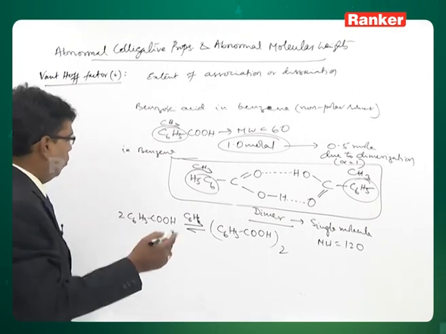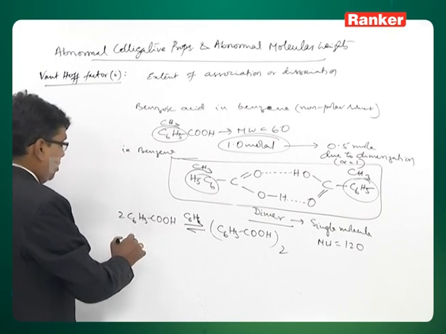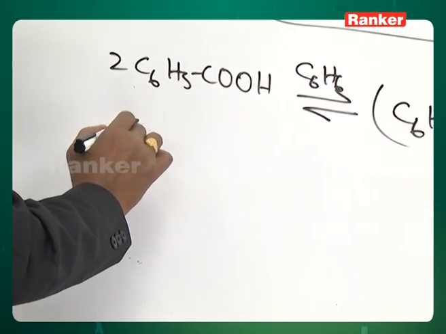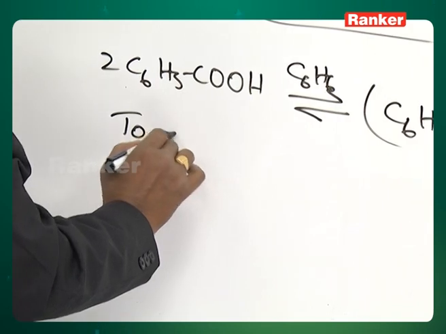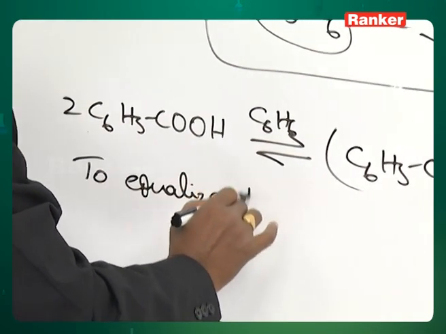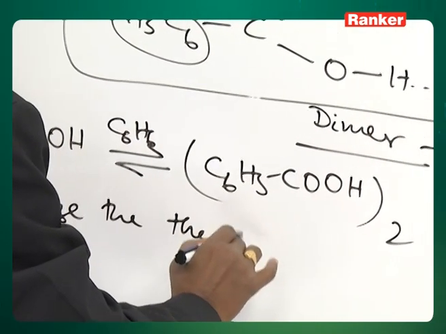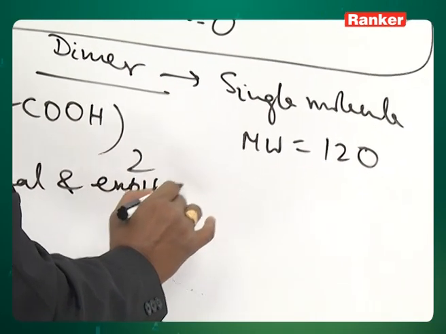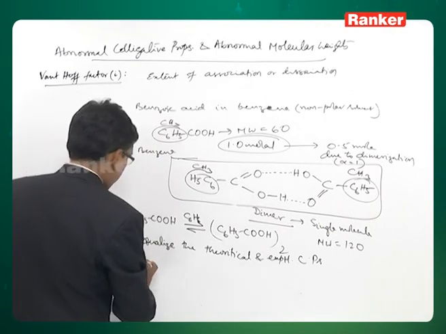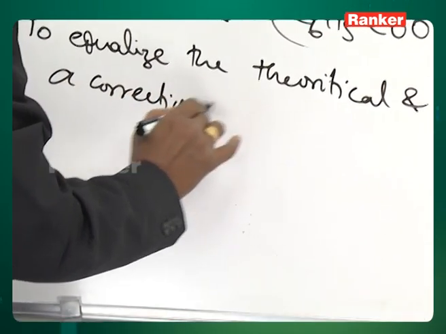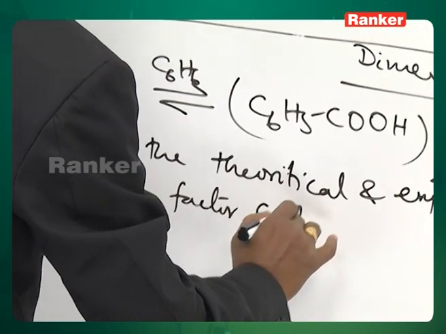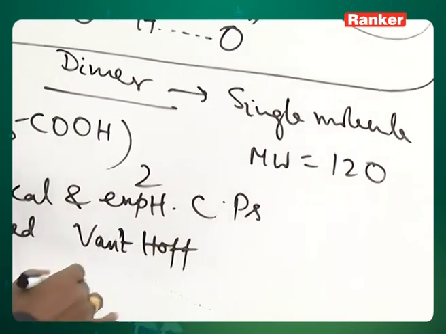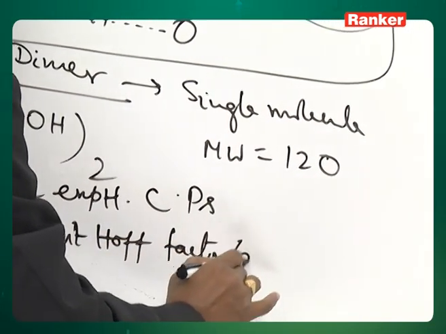This is what is called abnormal molecular weight and abnormal colligative property. To overcome this, Van 't Hoff suggested a correction factor, to equalize the theoretical and experimental colligative properties, called the Van 't Hoff factor, i.